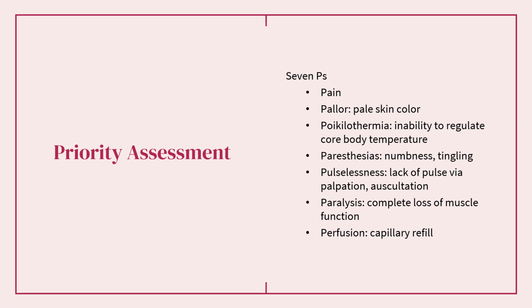And then perfusion, which is delayed cap refill, and it indicates poor circulation at the tissue level. So the earlier signs would be pain, paresthesia, and pallor, and later signs would be pulselessness, paralysis, which can help us determine the urgency of progression.